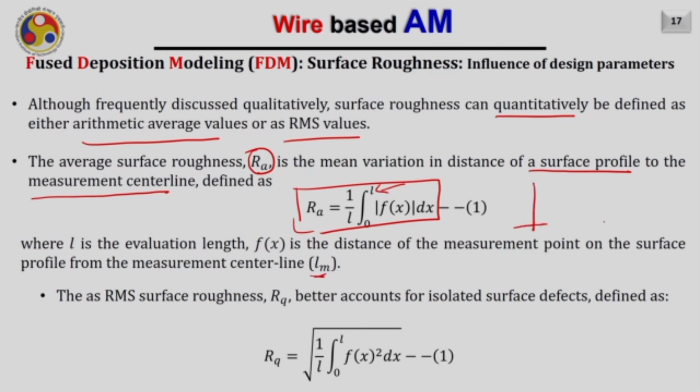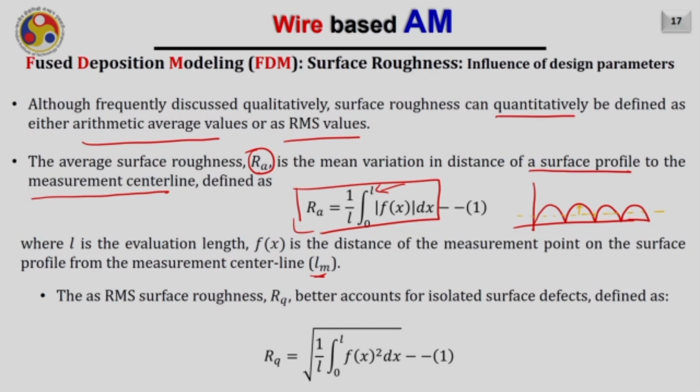So, for example, if you have a part deposited like this, and I have a center line first, and I got this center line maybe somewhere here, and I will tell you how to obtain this center line. Then the deviation of this function which I am depositing from the center line, like here it is this and at the bottom also it is this.